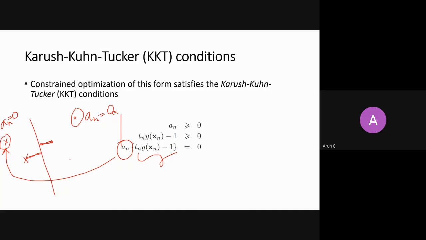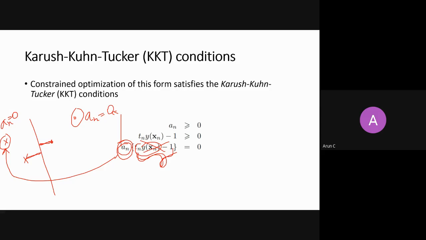And the second thing is, if my an is not 0, then this should be 0. When this should be 0, then tn yn equals 1, and you are talking about these points.